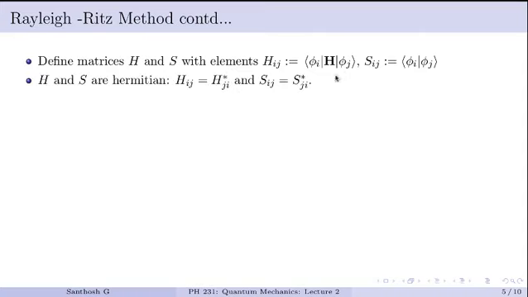Now we can immediately see from the properties of the inner product that these matrices H and S are Hermitian. That is, Hij is equal to the complex conjugate of Hji, and similarly for S. And this follows from the fact that the operator H is a Hermitian operator.